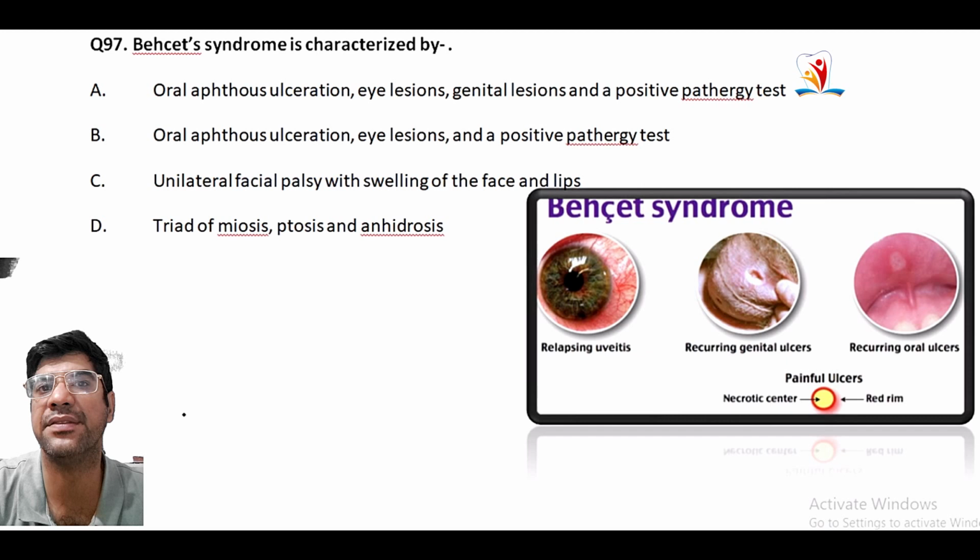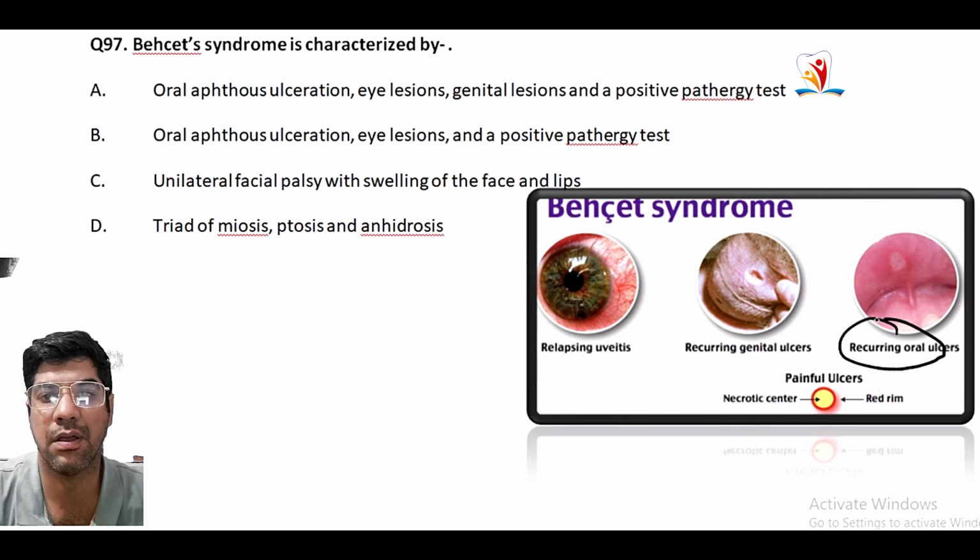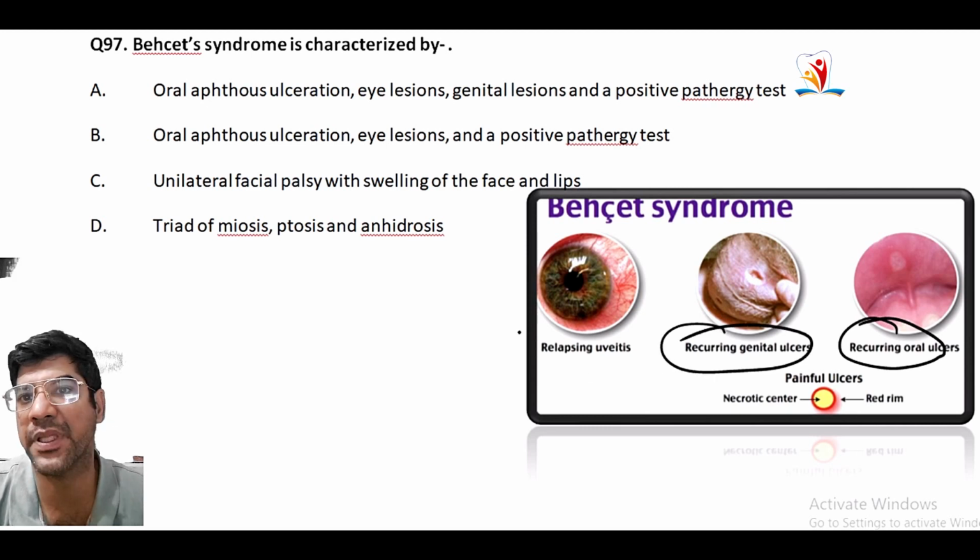Behcet syndrome is characterized by oral aphthous ulceration, genital lesions, and positive pathergy with relapsing uveitis.